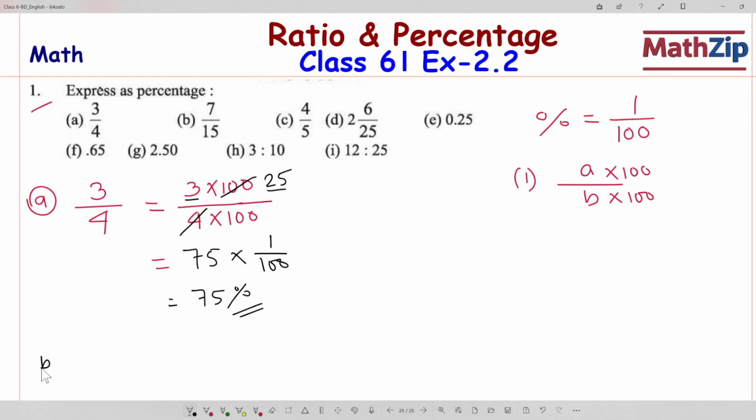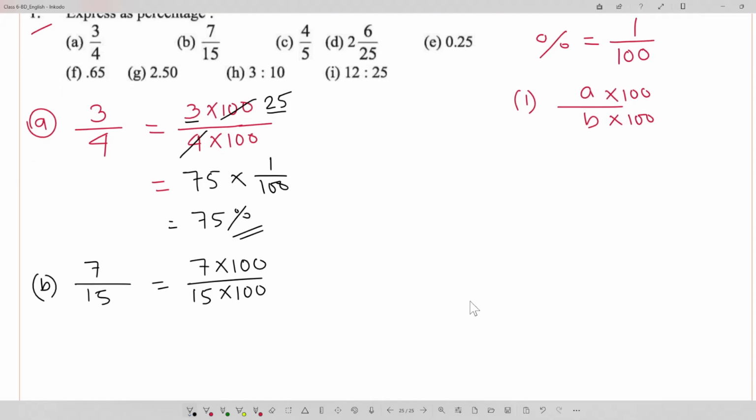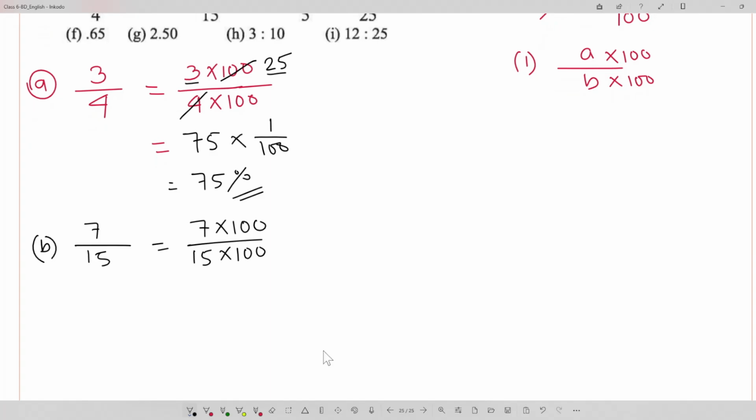Similarly, number B, 7 by 15. We can write 7 times 100 and 15 times 100. So what can we do? This 100 we can divide by 5.